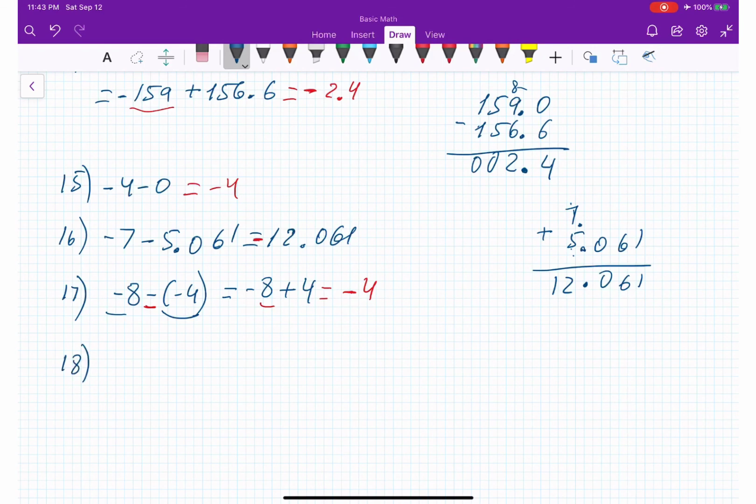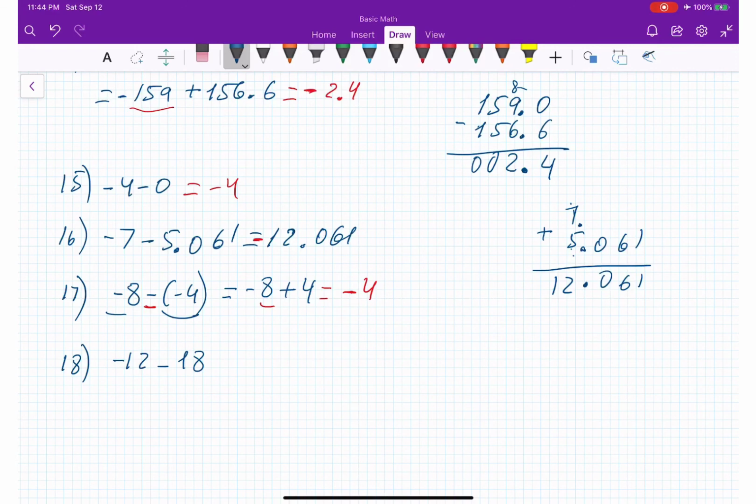Subtract 18 from negative 12. We write down negative 12 minus 18. So negative 12 minus 18.